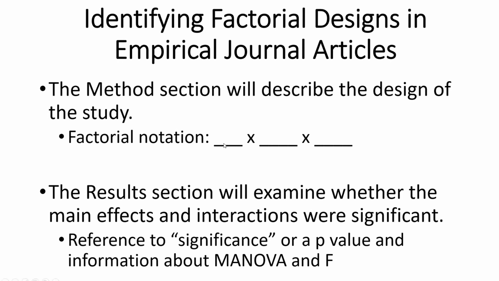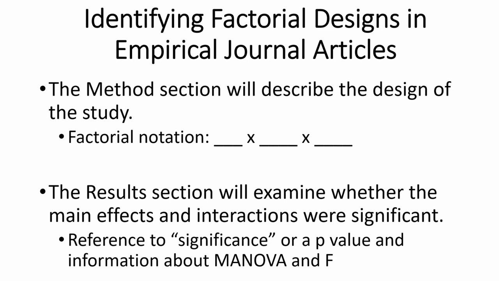Usually you'll see something like a 2 by 2 by 2 ANOVA was run to compare groups. If you start seeing this number by number by number, it's usually referring to factorial notation for a factorial design. When you get into the results section, they're going to talk about whether the main effects or the interactions were significant.